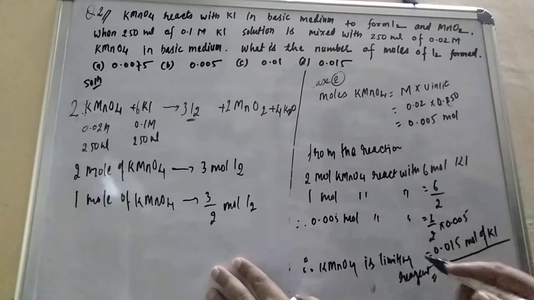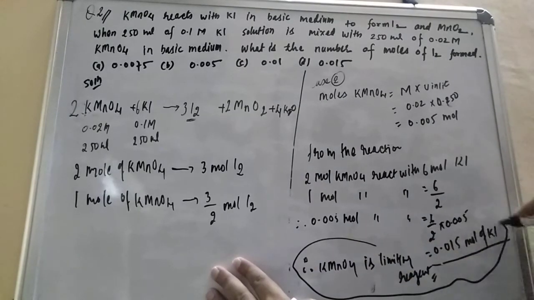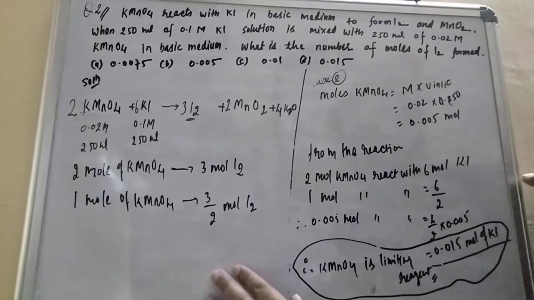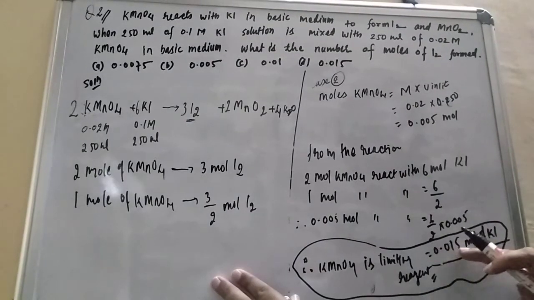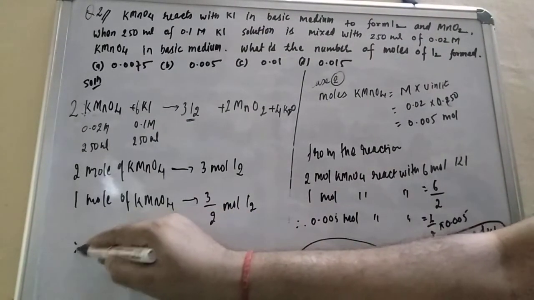Now student, in the limiting reagent, the number of moles you got is 0.015, because the product depends on the limiting reagent.